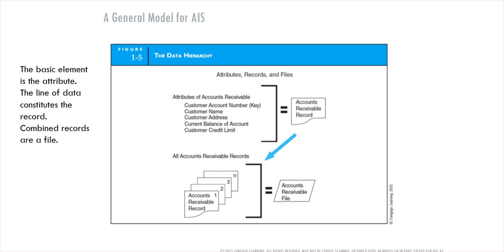If you had a multitude of these things, not looking at the accounts receivable, but looking at what the customer ordered, a particular order from a particular customer, that would be a part of another record, wouldn't it? And when we have a database, we have a way of combining all these things. So yes, I have that customer, but I have a way of combining that with what they actually purchased.